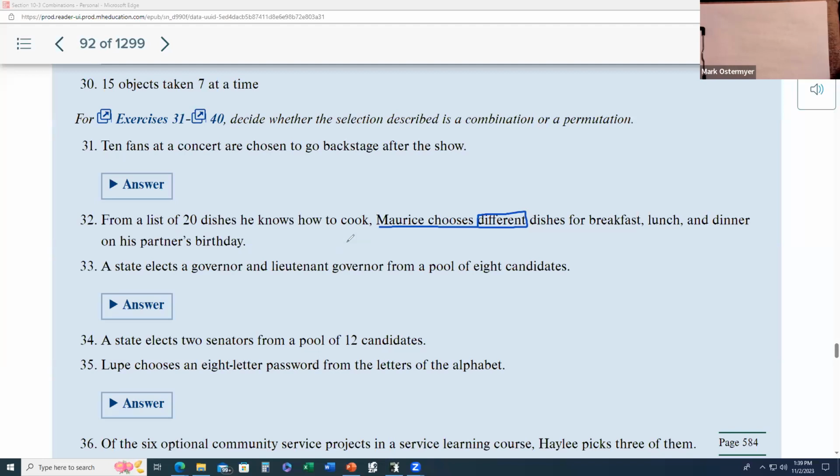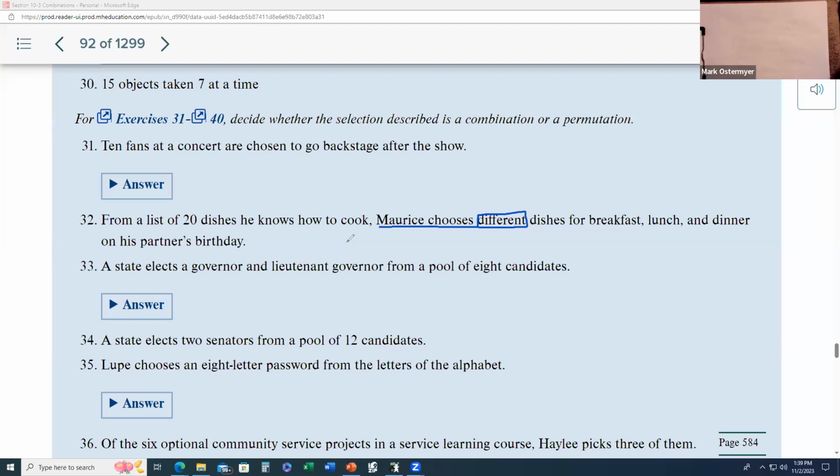If they were identical offices, then order probably would not matter. Do you agree? But I'm thinking, well, which one do you think has more authority, governor or lieutenant governor? What would be your guess? Governor. Maybe the governor, which means that it seems like these offices are not equivalent to each other.